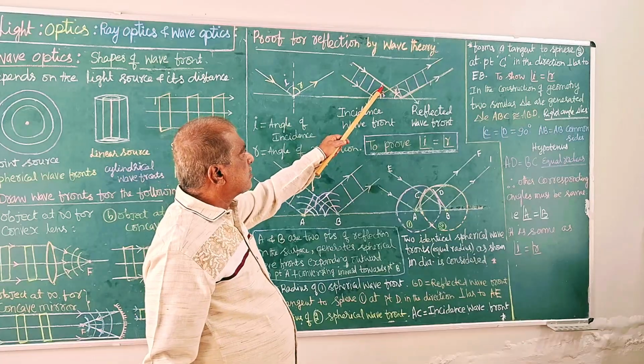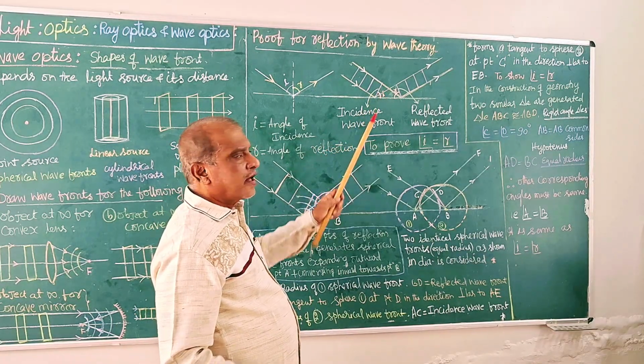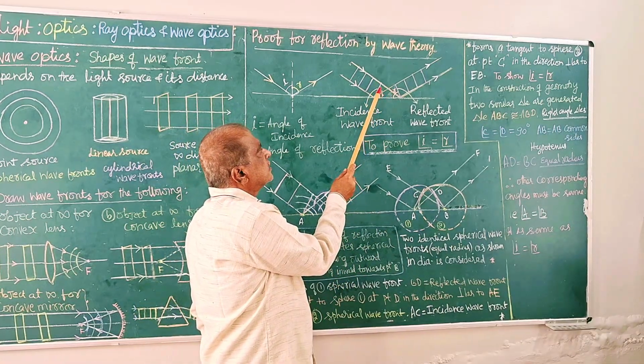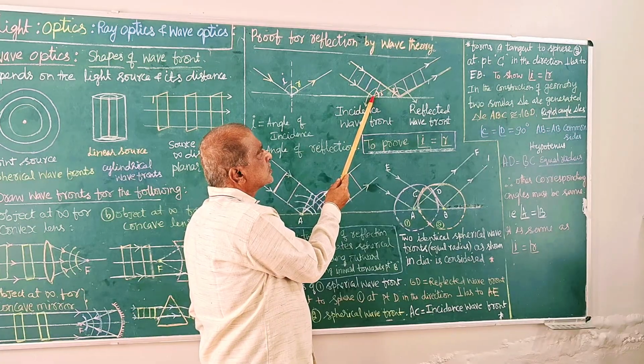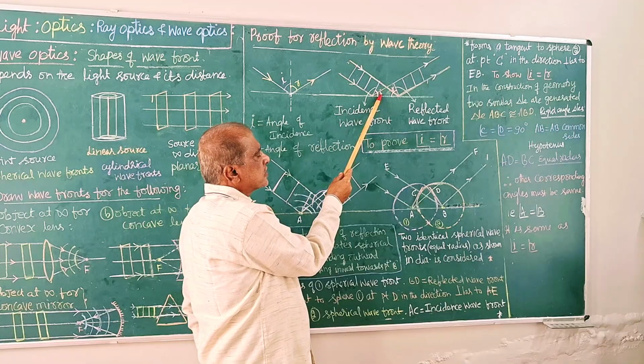The surface is planar. The angle between this plane and the surface plane, where the incident wavefront begins to strike, is called the angle of incidence.